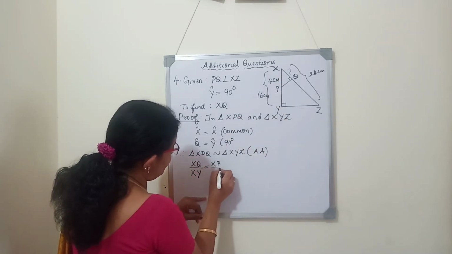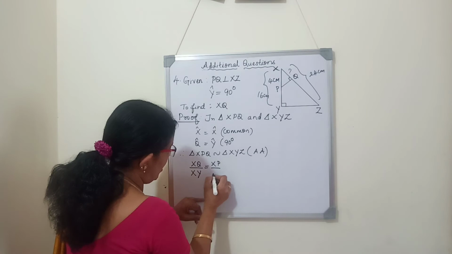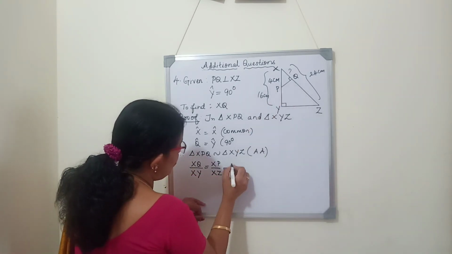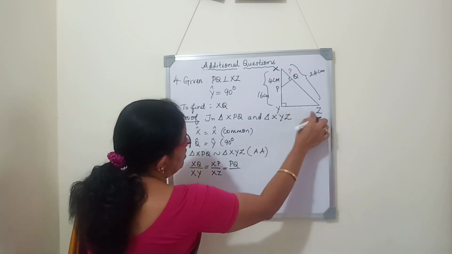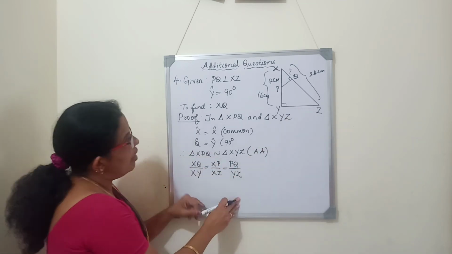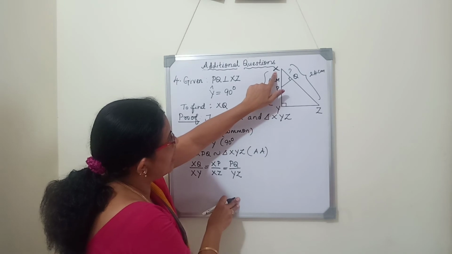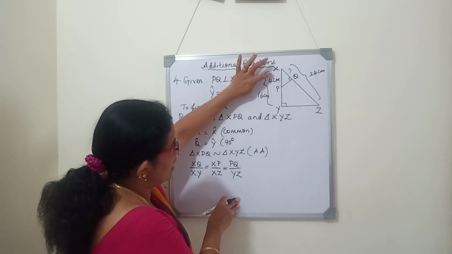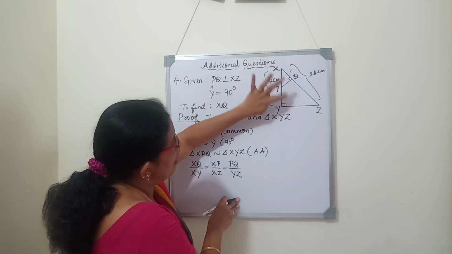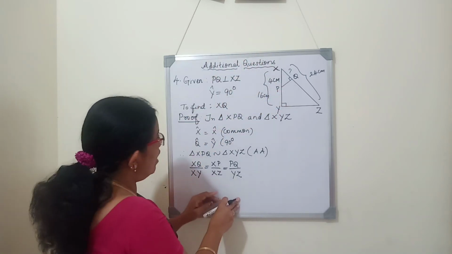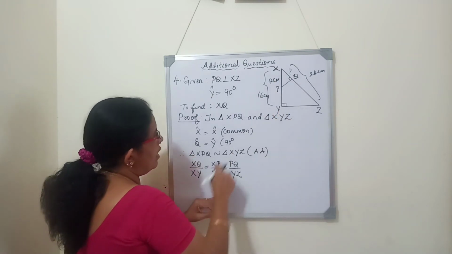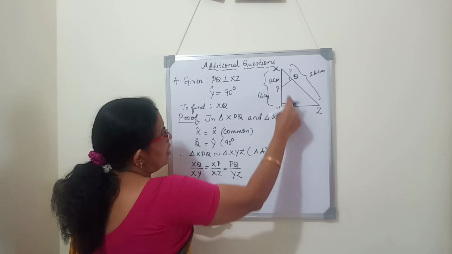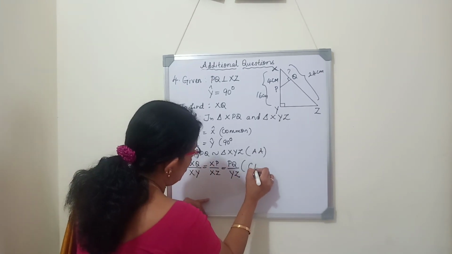When we write XP we have to write XZ. And the third side is PQ by YZ. Once again I will repeat: XQ starts from X common angle and Q is the 90 degree angle. For the bigger triangle XYZ, starting from X, it is XY. XQ by XY, next side XP, corresponding side is XZ, third side is PQ and YZ. This is CPST.